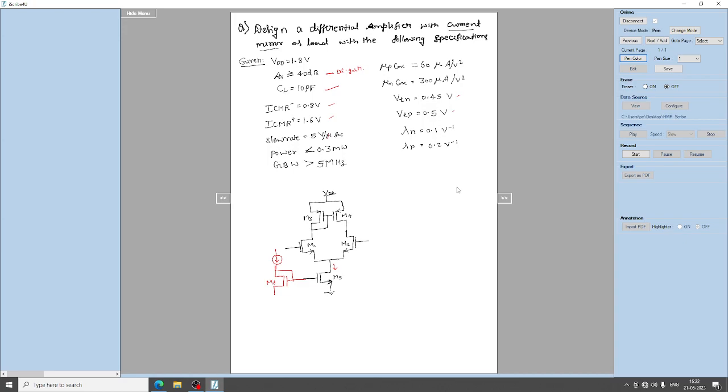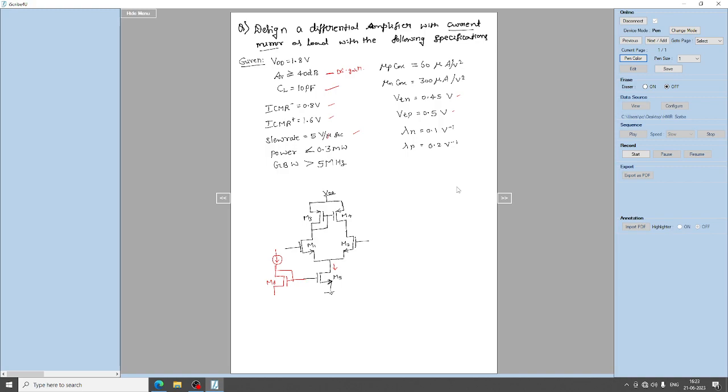The slew rate is nothing but the rate of change of output voltage, given as 5 volts per microsecond. The power should be less than 0.3 milliwatt, and the gain bandwidth product should be greater than 5 megahertz.